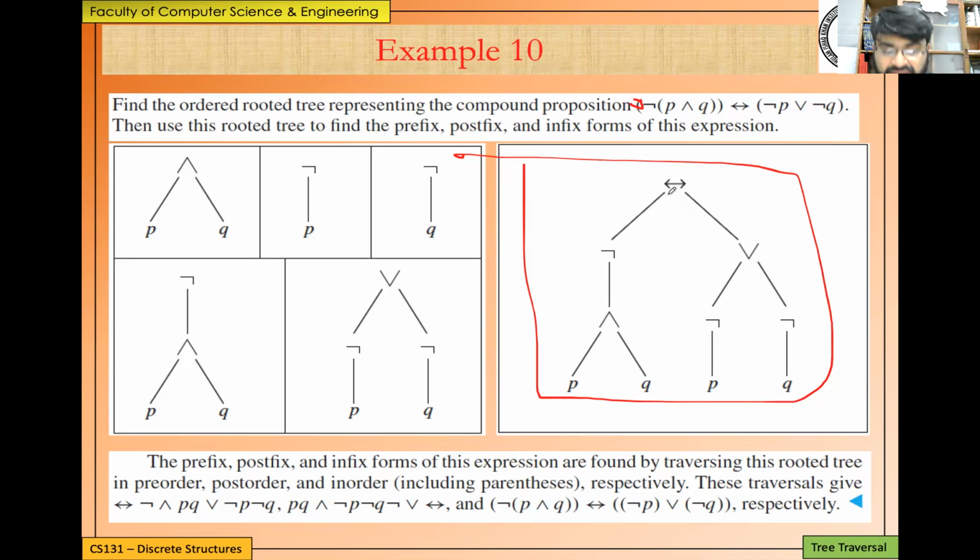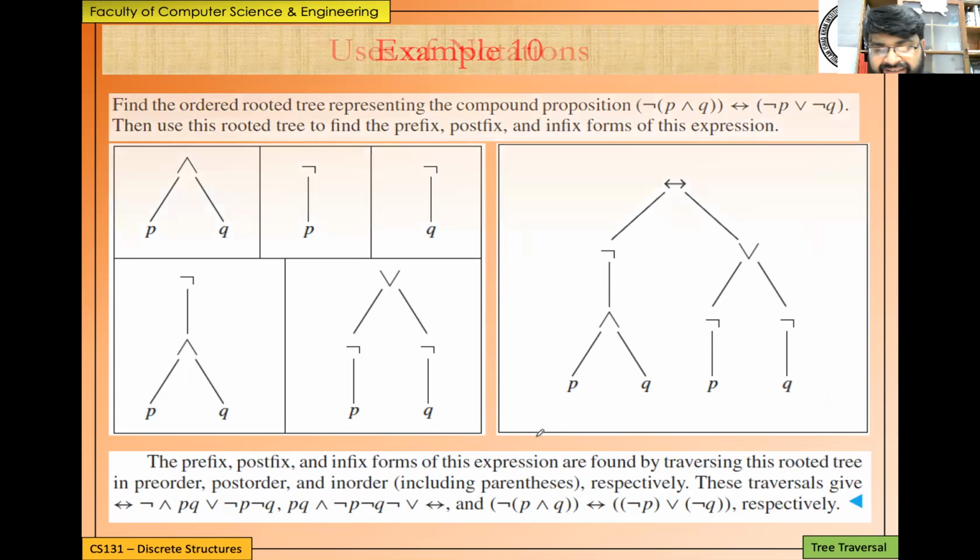For example, in the pre-order one, you always go to the left child, this P and Q. If I was to evaluate this in pre-order, I would go by P and Q, not of P and Q, bi-implies, and then evaluate this side, and so on. That's the pre-order or prefix notation, and I can use the pre-order traversal to evaluate it. For postfix, again, I can do the same thing.